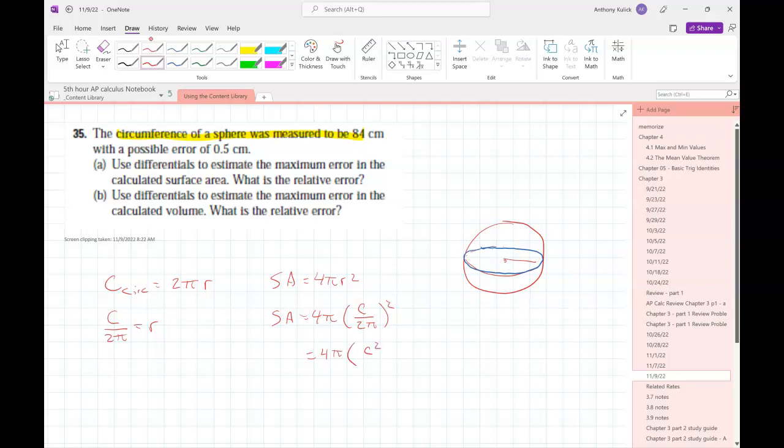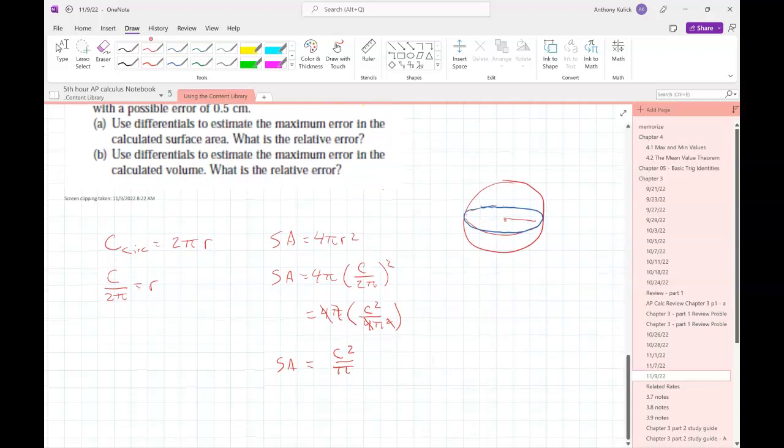So let's simplify that a little bit. Okay with that? All right. So to use differentials to get the maximum error, I need to calculate dS.